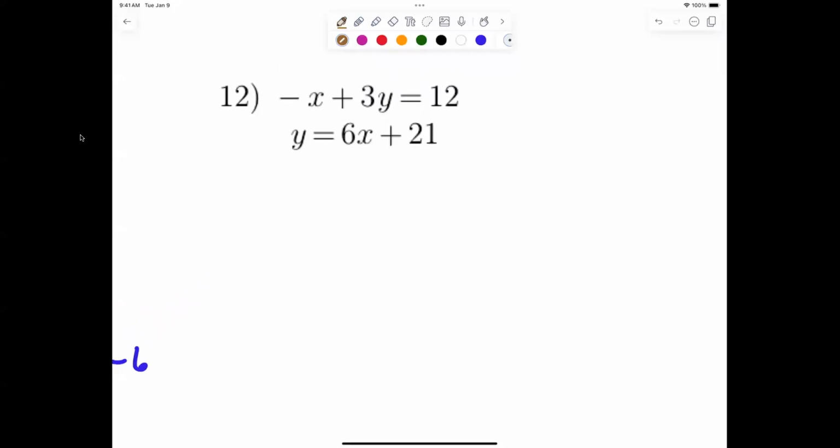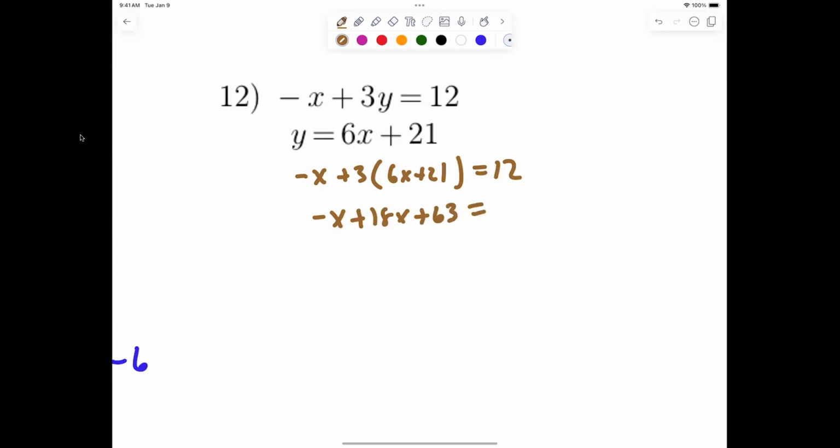Well, y equals 6x plus 21. So now -x plus 3 parentheses 6x plus 21 equals 12. Distributing a 3, -x plus 18x plus 63 equals 12. 17x, you know, I got -51 like that.